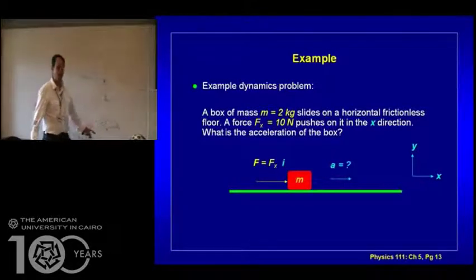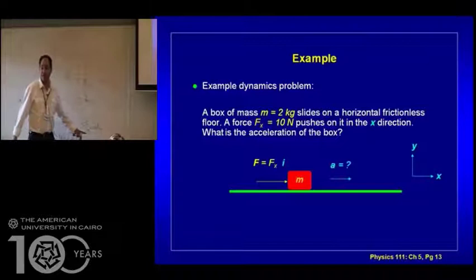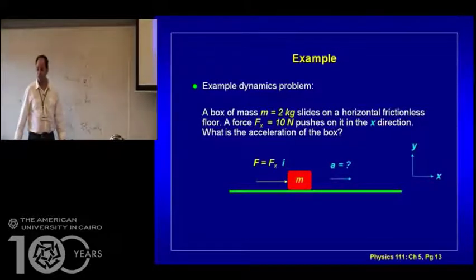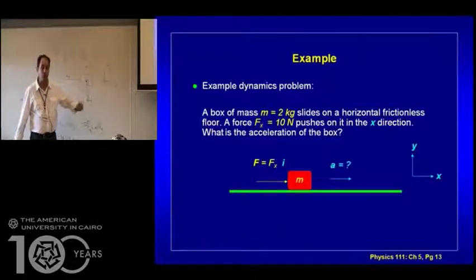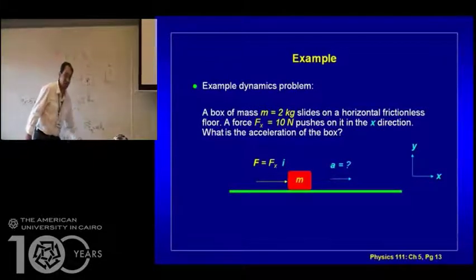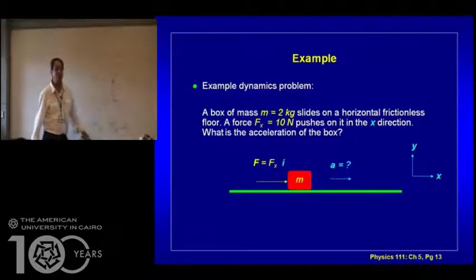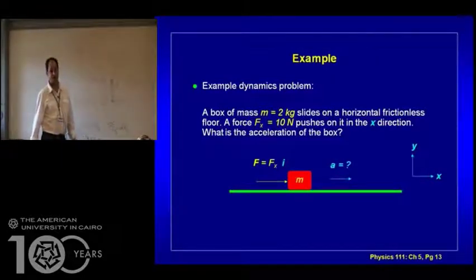But I will go a little bit further and talk about the normal force as well, though it's not needed. No one asked us to get it, but I want to show you how useful it is. Now, what are the forces along the y-axis? N and mg. Let's add them.